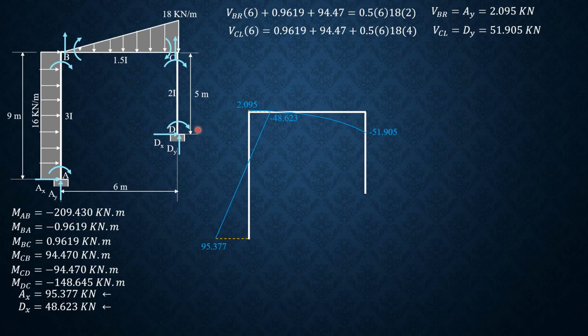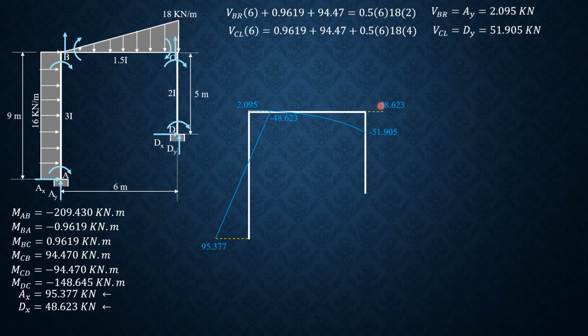So since the x is rightward, the shear is leftward, so it begins with negative shear. Dx is leftward, so the shear here should be rightward. So we have positive shear here, which is equal to Dx, 48.623.